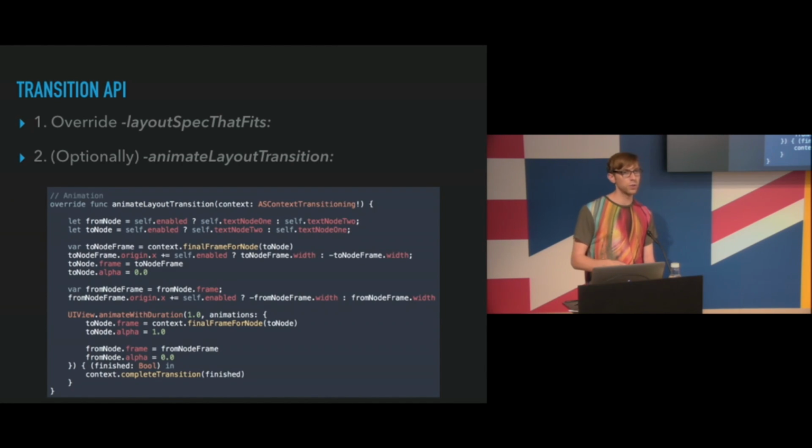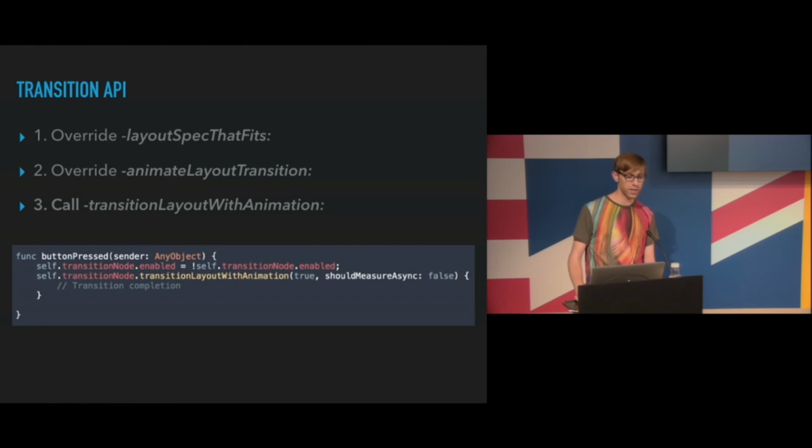By default, in 2.0, this will automatically fade in new nodes, move nodes that exist both in the starting state and the ending state to their new position, and fade out nodes that no longer exist. And so as long as that is okay, which we use for the majority of our transitions and find is a good sort of beginning default, you never need to implement this. But this is a hook that you can create really custom things with.